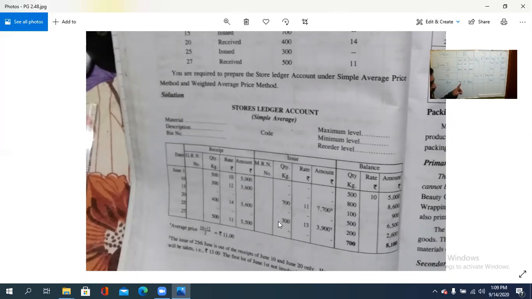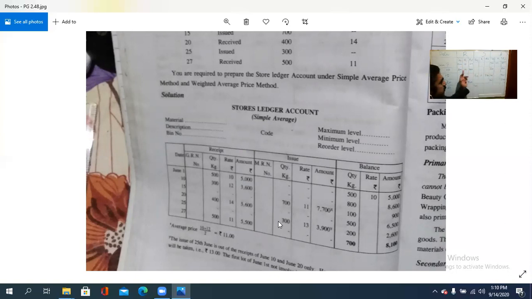The receipt is there, and the next issue is on the 25th, 300 units are issued. Here, one thing you need to know: only this 100 is available with this price, not the earlier one. That is what you need to remember. That is why in this case only 14 plus 12 is taken, and 10 is not taken, because almost all the portion of the 500 is utilized.